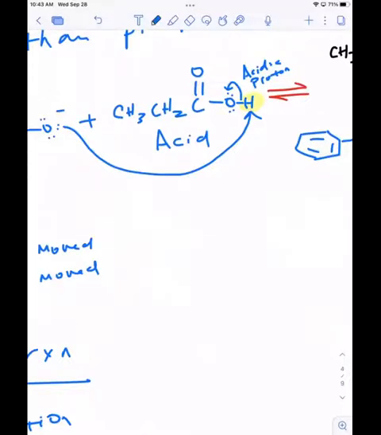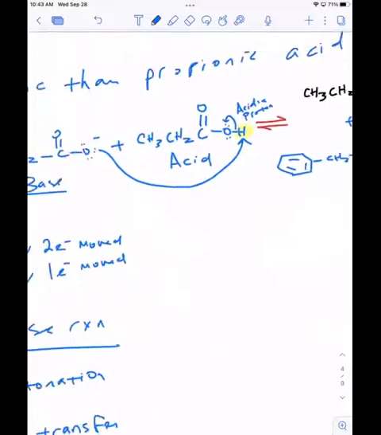Anybody? When I break that OH bond, why does the arrow go back to oxygen? Is it because it's more electronegative? Exactly, it's more electronegative. So the electrons are already closer to that atom anyway because of the dipole, right? So I'm making a bond now between O and H.